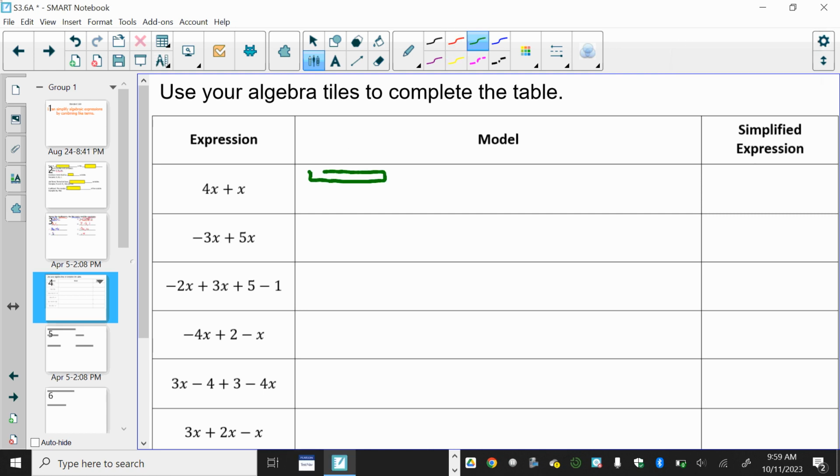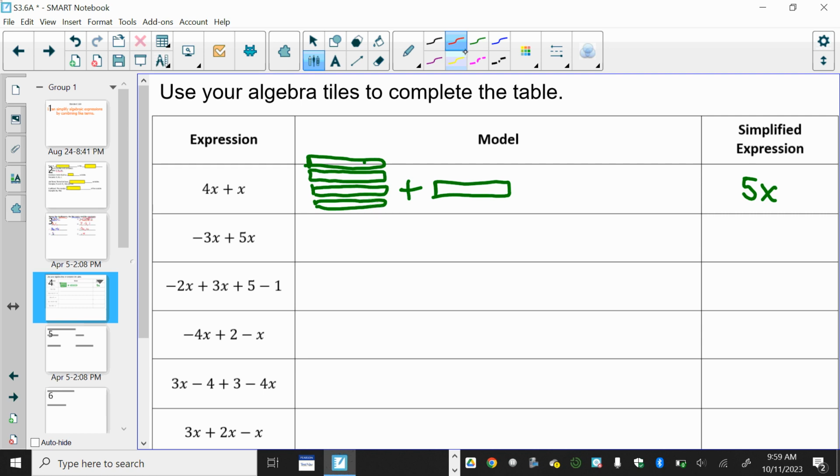So I'm going to do the outline. So we have 1, 2, 3, and 4. I'll put it up here since I didn't do a good job drawing spaces. Right? 4x plus 1x to group those. How many long tiles do we have? 1, 2, 3, 4, 5. 5.